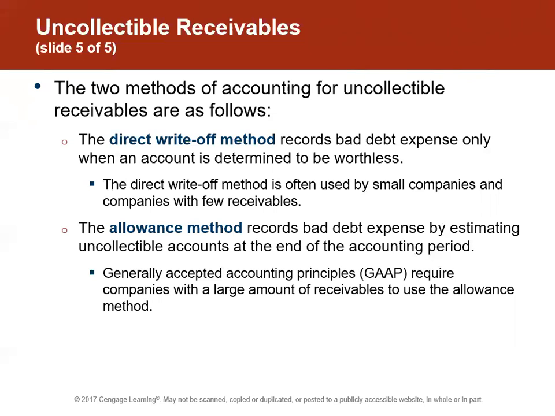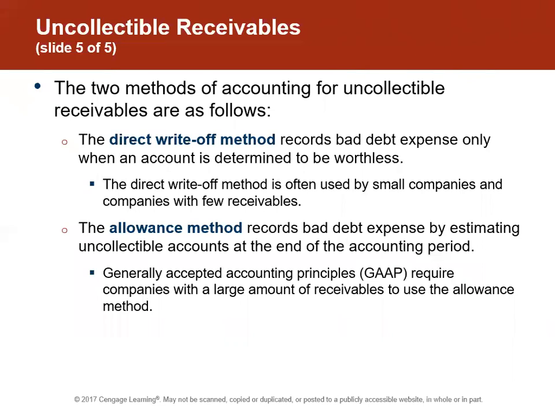If they filed bankruptcy, if it's been past 90 days, if we can't get in touch with them, they're not answering or returning our phone calls. Those are probably all good indicators that we're not going to see any money. So those are the things that prompt us, and every company has their own guidelines for how they determine when an account is uncollectible.